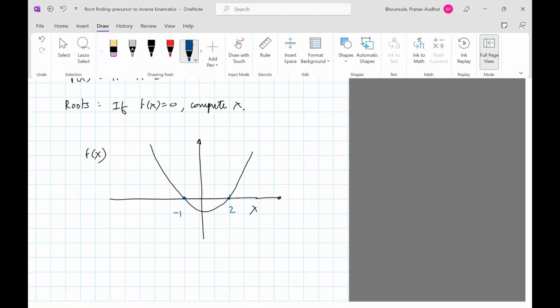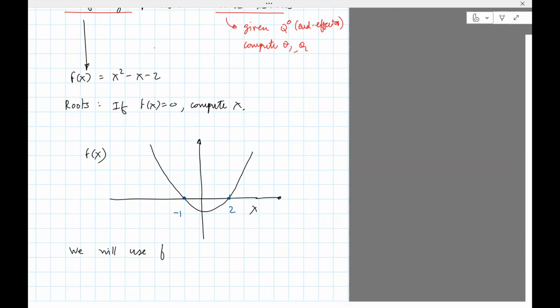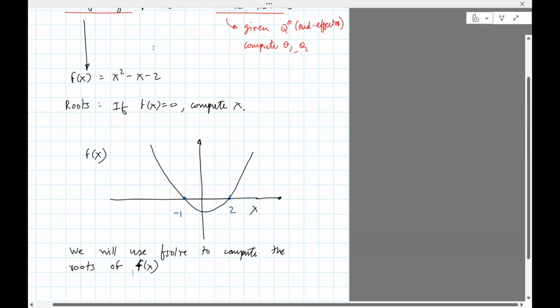So we will use it to compute the roots of f of x. Okay, so I'll show you the code, and then we just take this code and go on with it and do inverse kinematics for the manipulator.